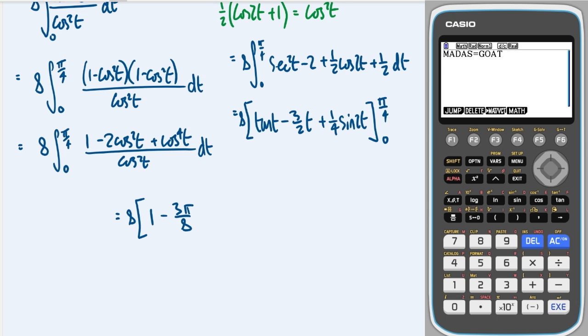Sine of pi over 2 is 1, so that's just plus a quarter. And when I sub in 0, these are all going to be 0, so I don't need to do that. So I'm going to get 8 minus 3 pi plus 2, which is the same as 10 minus 3 pi. Boom! We are done.